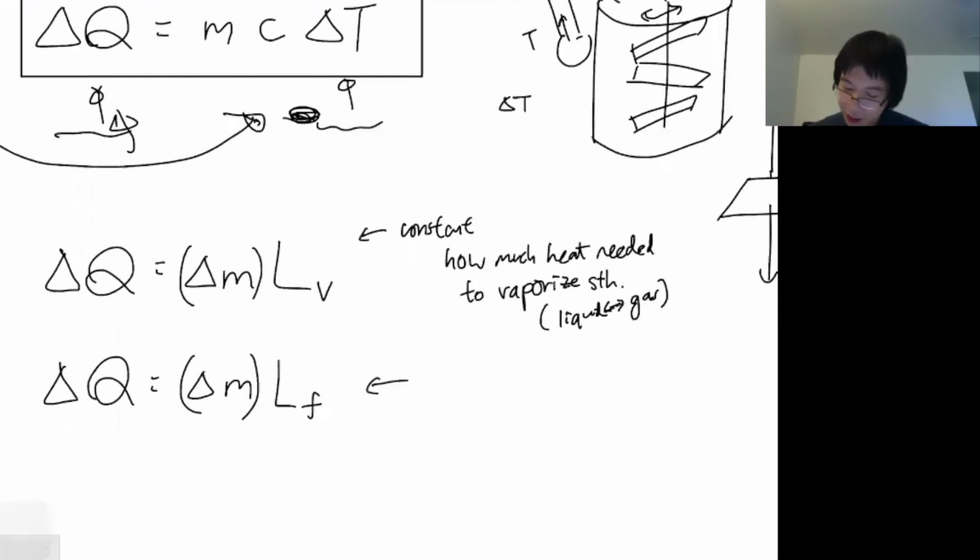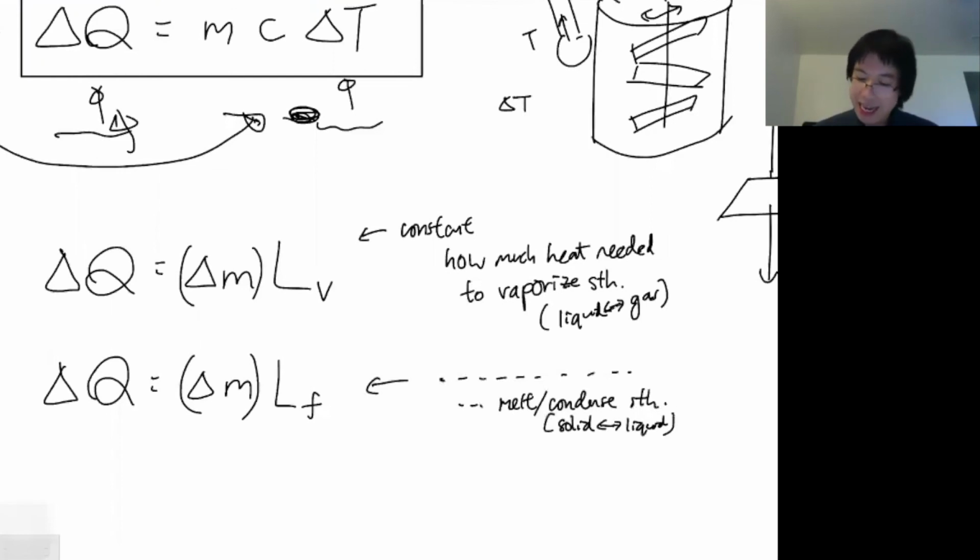And this is the constant that tells you how much heat is needed to, I guess, fuse something, to melt or, what's the opposite of melt, condense something. Okay, so that's changing it between solid and liquid. So the mass you put here is actually the mass that is melted, not the mass of the object, okay?